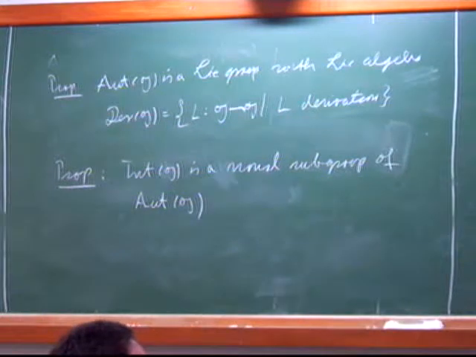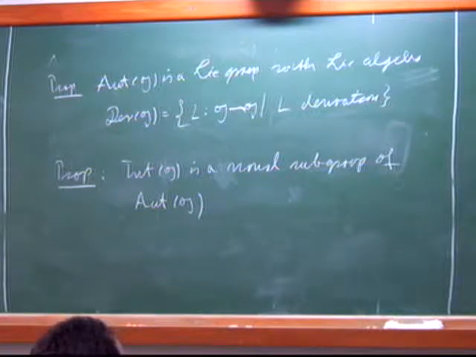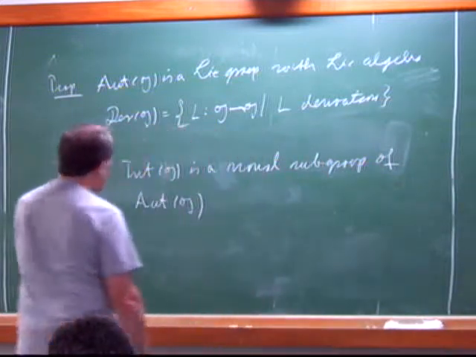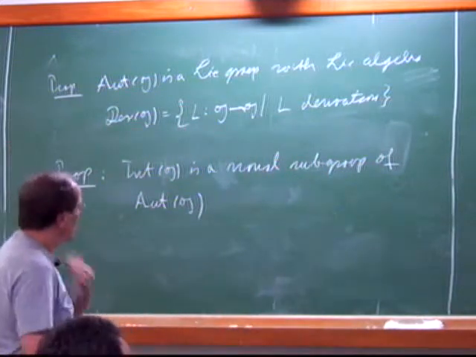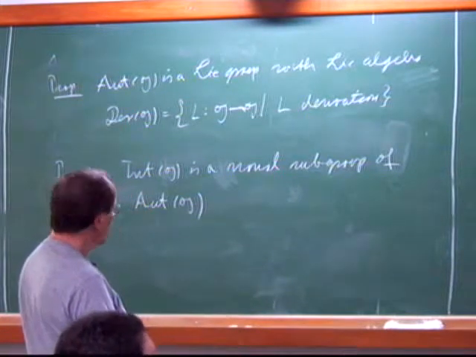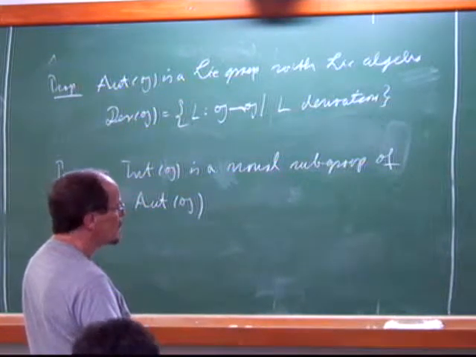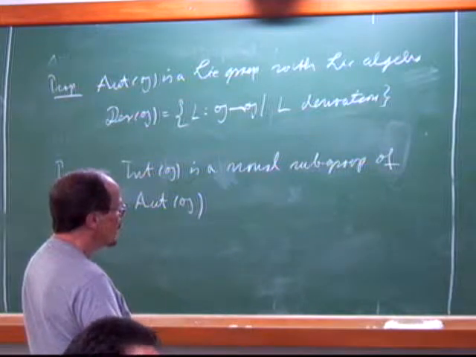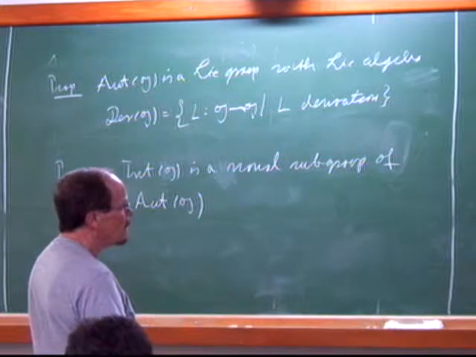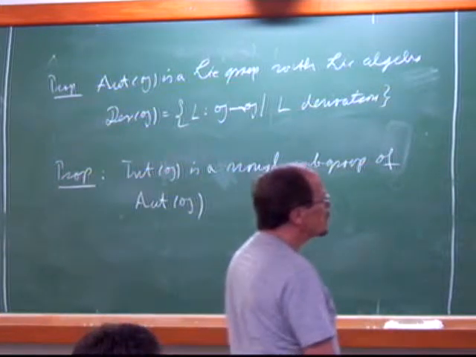So let's see what we have to prove. Using the same notation from the Lie group and the algebra. Oh no, I'm confusing things, right? That's not what I mean. You are using the same notation for the Lie group and the algebra. I should not do that, of course.